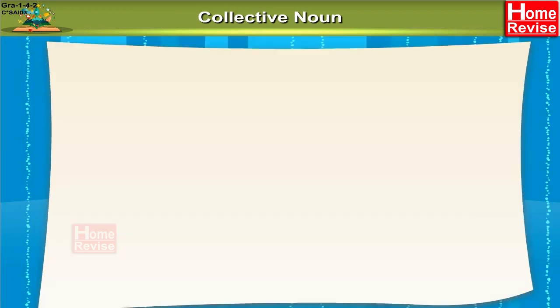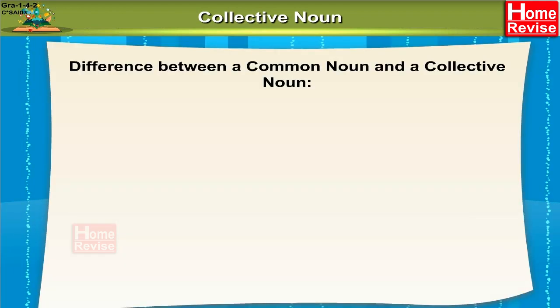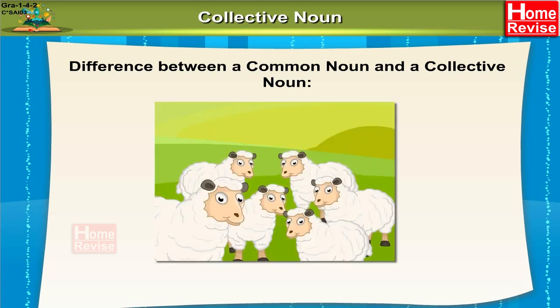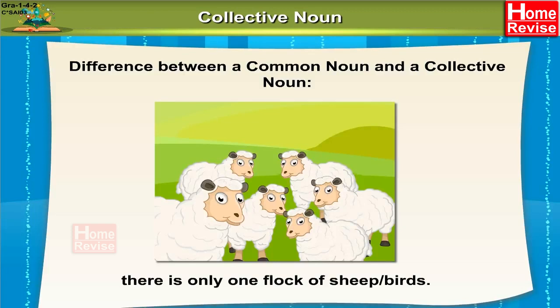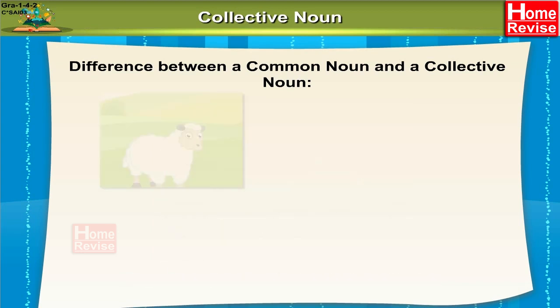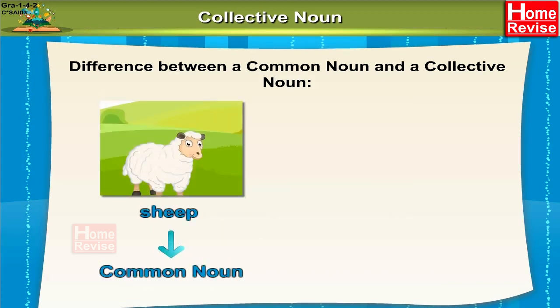Note: difference between a common noun and a collective noun. There may be many sheep in a field, but there is only one flock of sheep or birds. Here, sheep is a common noun because it may stand for any and every sheep.